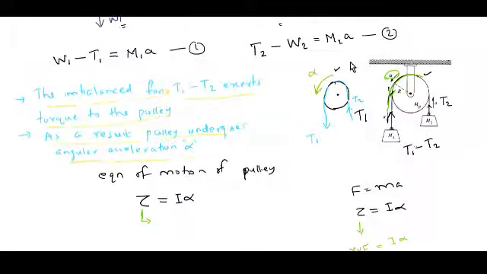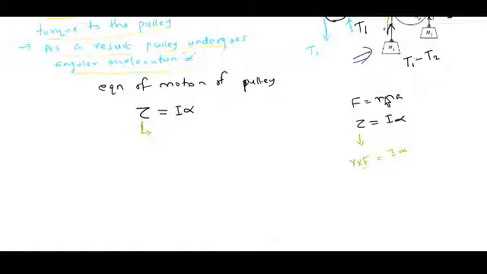And here if you see this picture, if I redraw that picture here, this is R, and the torque on this pulley is due to the imbalanced force. T1 is larger and T2 is smaller. T1 is greater than T2.